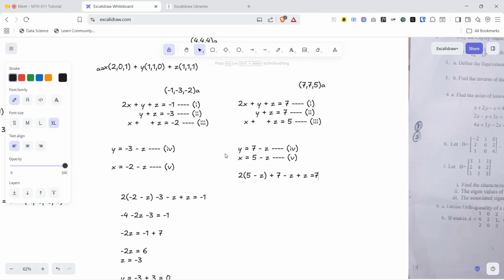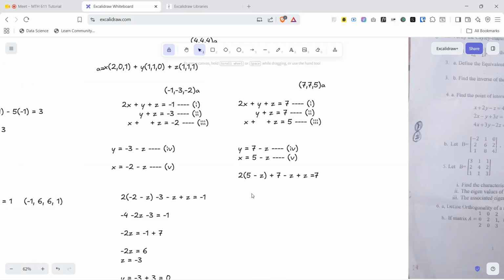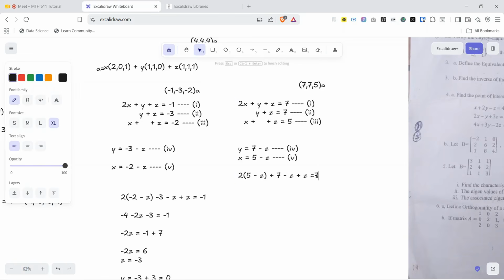Remembering this is what we are solving, right? So this will now give us 10 minus 2z plus 7. This cancels out, equals 7. By the time you move this to the other side, it also cancels out. So this would be 10 minus 2z equals 0.